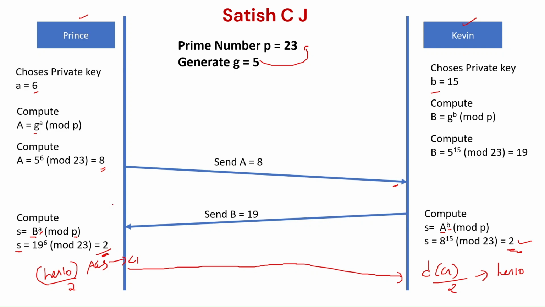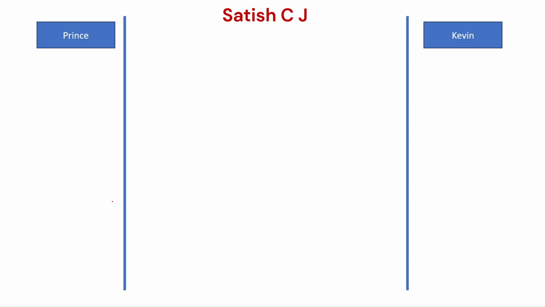Now we'll see the weakness of this process, how a man in the middle can exploit it. Let's have a visualization for this. We'll again start this process. Again we have Prince on one side and Kevin on the other side. They agree upon the prime number and generator, which is a primitive root of this prime number.